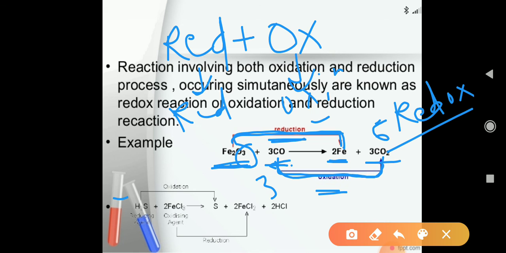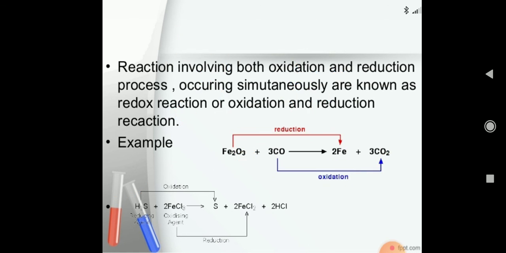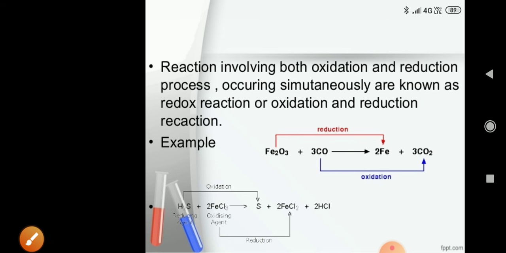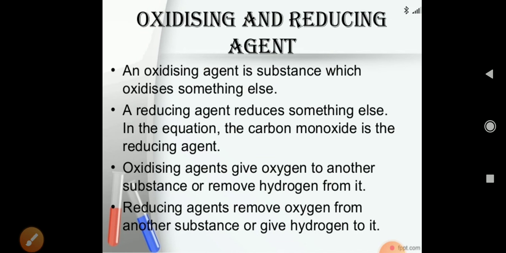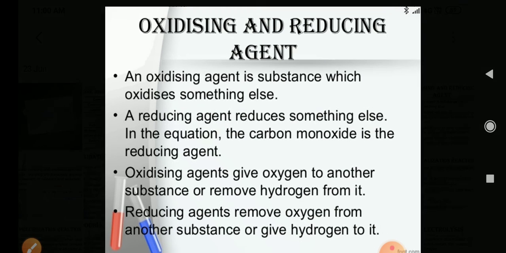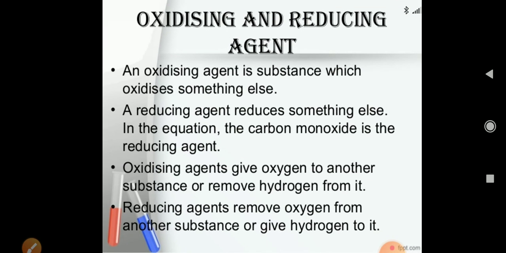One more example is given here, so see that example also. So this is about the types of reactions: oxidation reaction, reduction reaction, and if both reactions take place in the same reaction, then it is a redox reaction. Then the next topic related to redox reaction is the oxidizing agent and reducing agent.